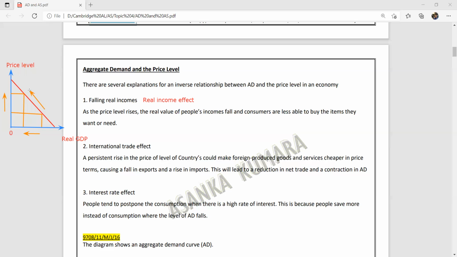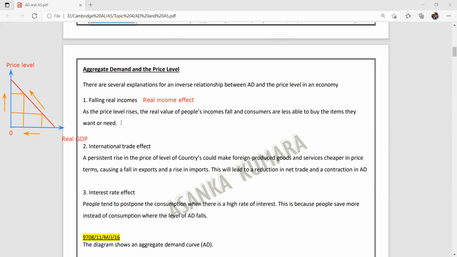Therefore, the aggregate demand curve slopes downward from left to right. So it says as the price level rises, the real value of people's income falls, and consumers are less able to buy items they want or need.